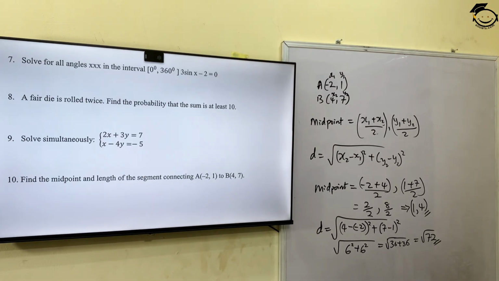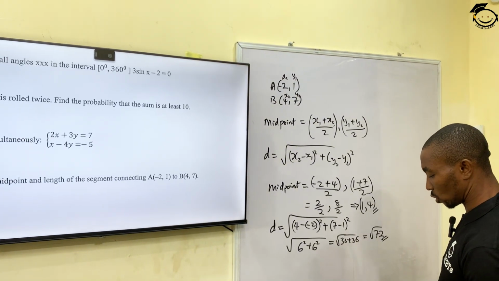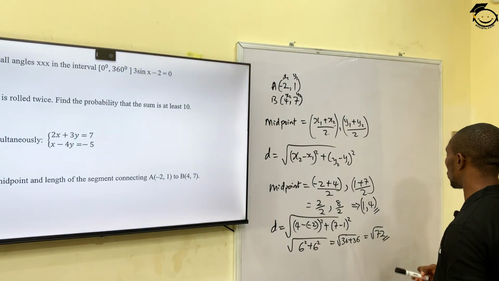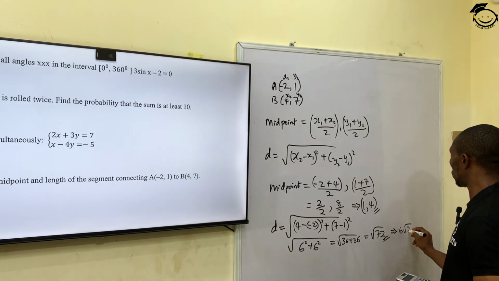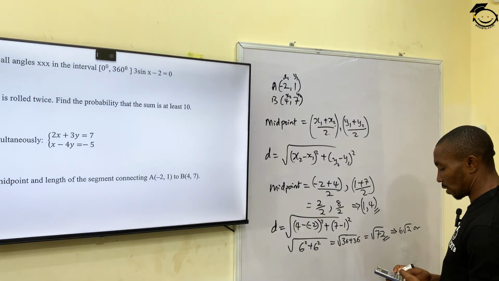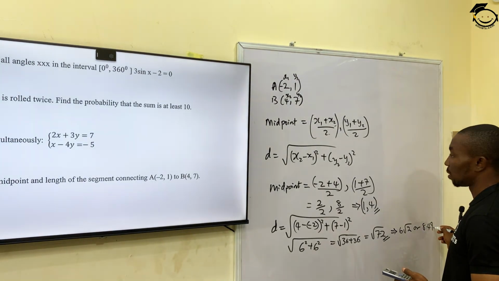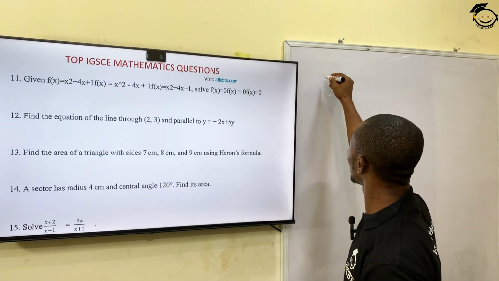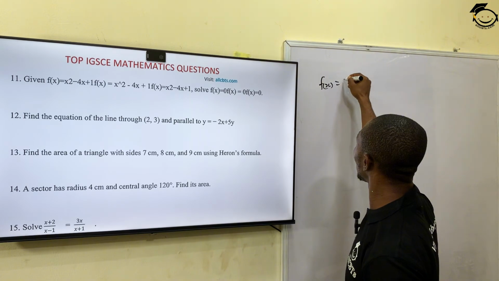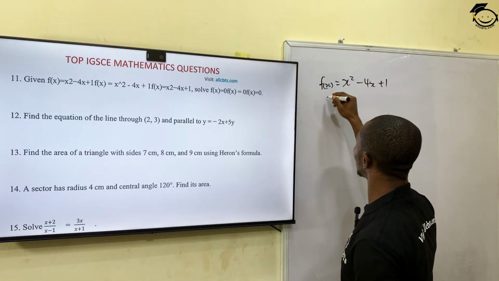If we do root 72, that would give us 6 root 2, or we have it as 8.49 as our answer.